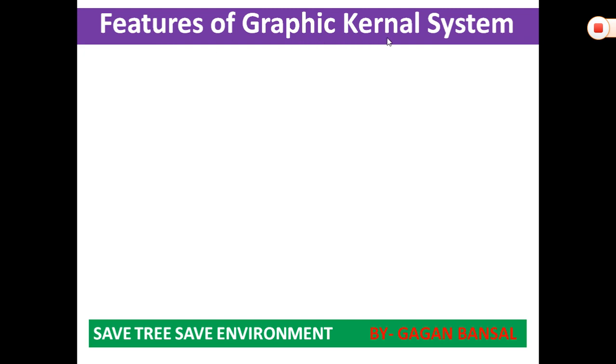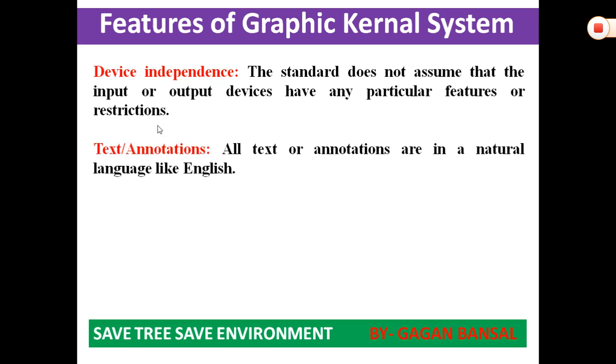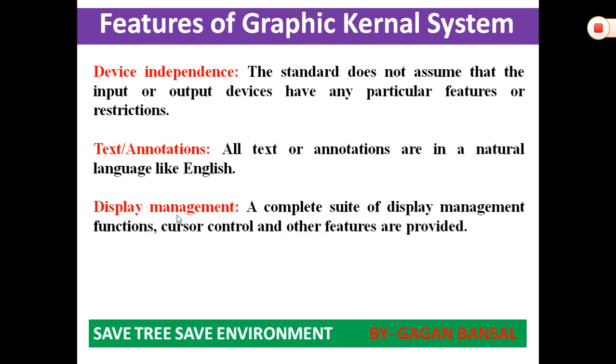Finally, what are the features of graphic kernel system? First is device independence. That is, the standard does not assume that the input or output device has any particular feature or restrictions. Text and annotations: all text and annotations are in a natural language like English.